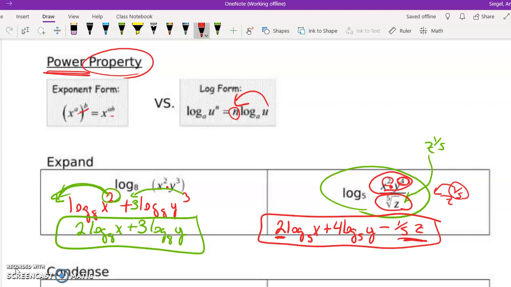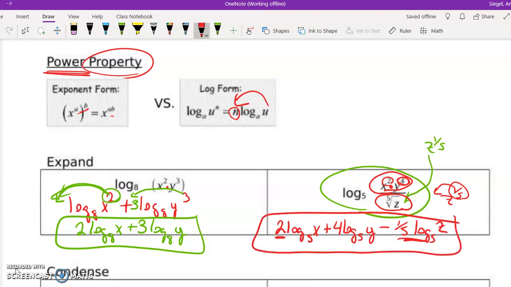So oh goodness, I forgot the log base, sorry. Let's do this. Log base 5 of z. There we go.